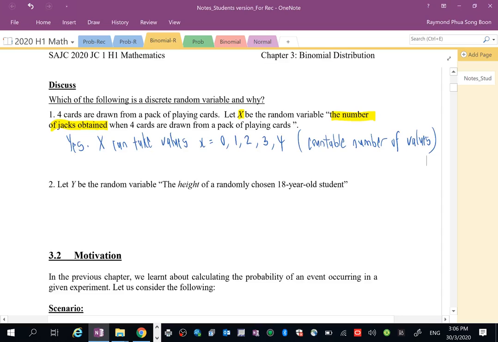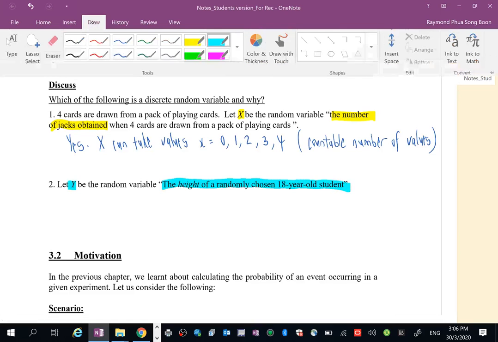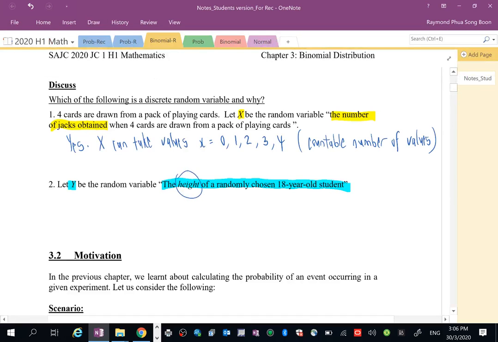Okay, let's look at scenario number 2. Let y be the random variable, the height of a randomly chosen 18-year-old student. So, what can we say about the height of a student? Is it a discrete random variable? No, it is not. Random variable y is not a discrete random variable. The reason being, random variable y can take any values in a given range.